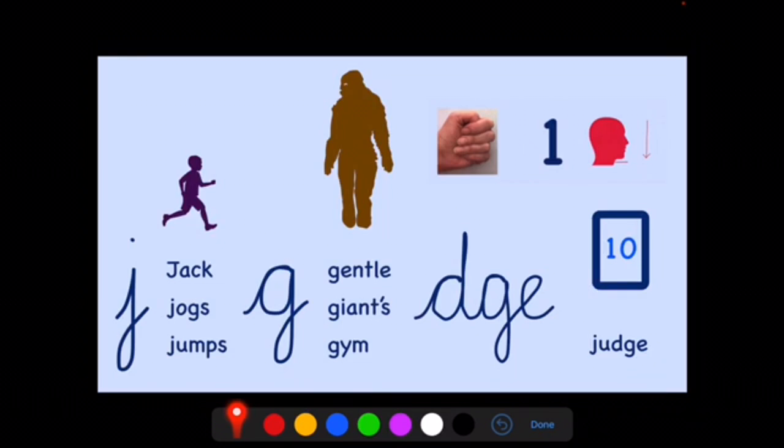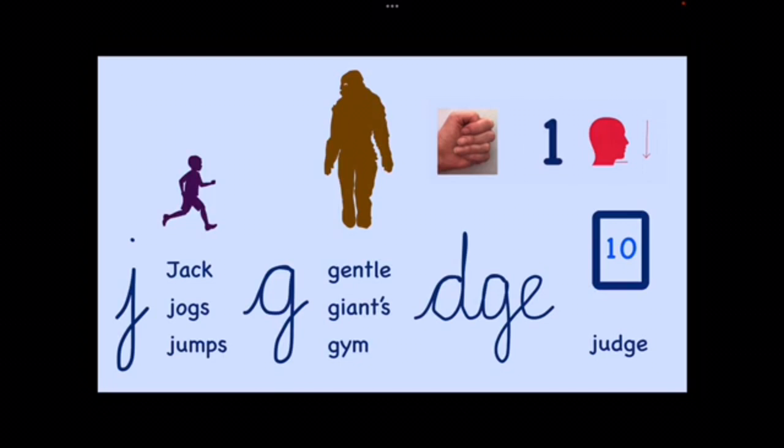And this was a good word because it had both of the spellings for J. J with a J at the beginning, J written D-G-E at the end. And judging their outdoor gym activities gave them 10 out of 10.